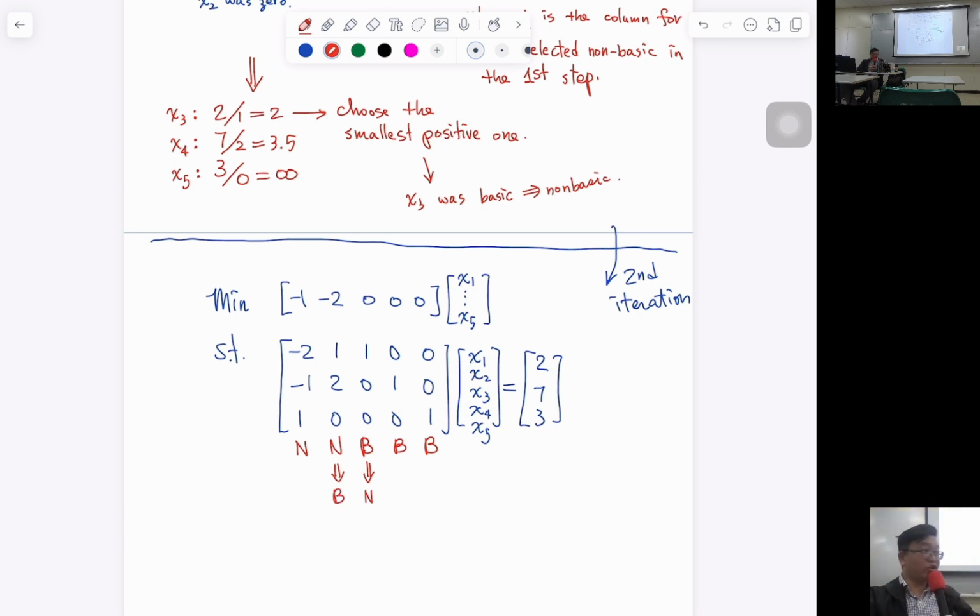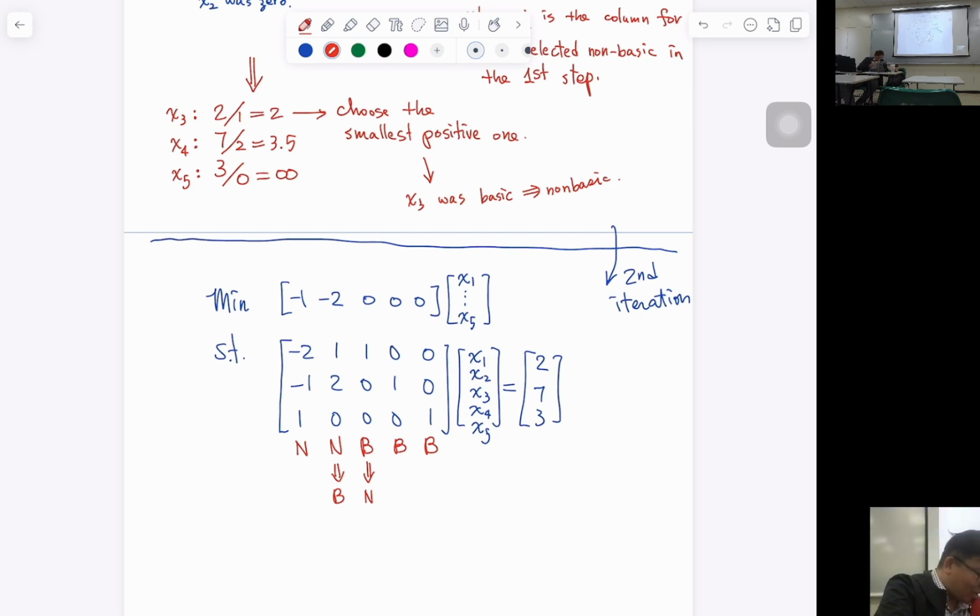So in the second iteration, I am trying the other combination of the rows of basic and non-basic. And I'm gonna do the same and believe in this procedure. Every time this procedure is going to choose which non-basic should be enlarged, which basic should be shrunk to 0. Keep on doing so, I should be able to reduce the objective function gradually while keeping the equality constraint always satisfied.